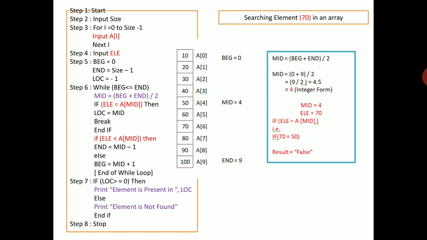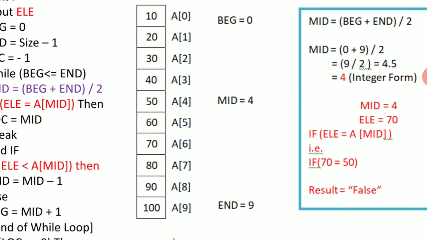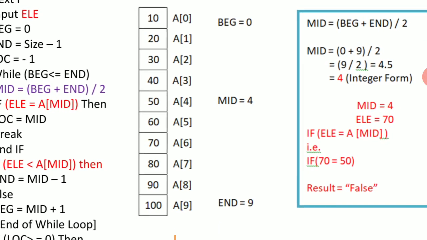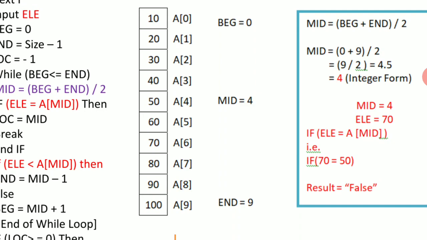Imagine an array of 10 numbers. The first number is 10, then the second number is 20, then we have 30, 40, 50, 60, 70, 80, 90, 100. The array is arranged in ascending order. We know very well how this array looks now.